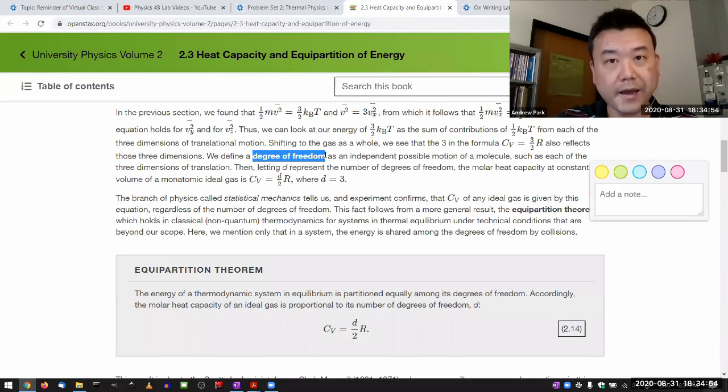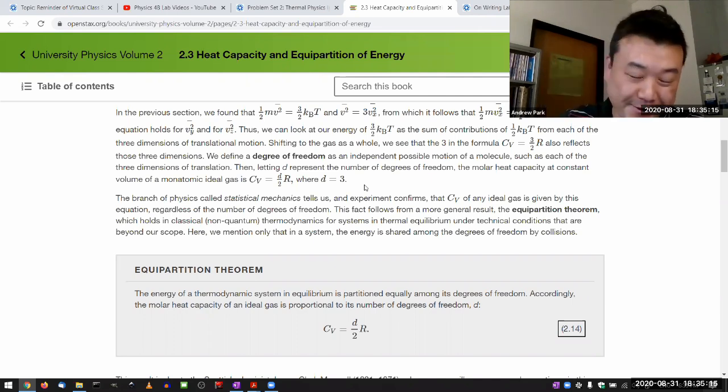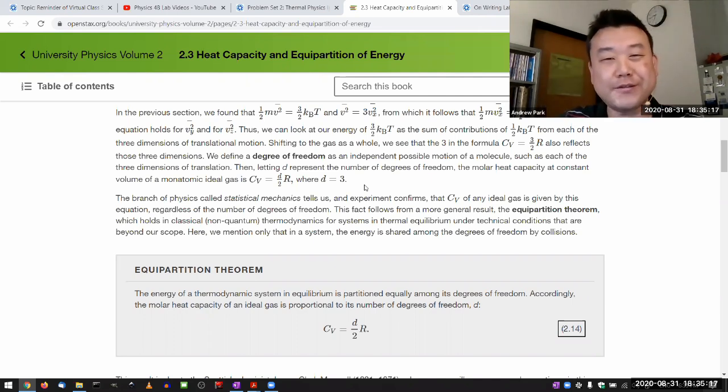With the monatomic gas, the degree of freedom is 3, and it actually matches up to 3 spatial dimensions, X and Y and Z, a translational degree of freedom. For a diatomic gas, there's technically 4 additional degrees of freedom, of which 2 are not frozen out.